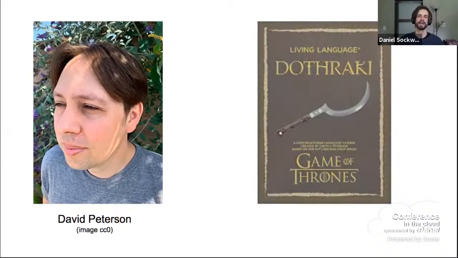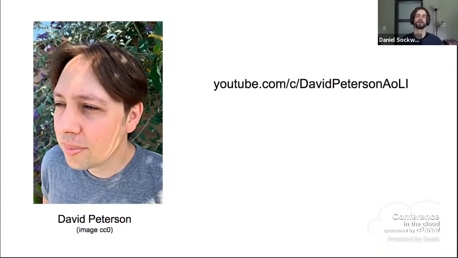He has a YouTube channel where he talks about the design decisions that go into creating a new and interesting artificial language. And I think a lot of those apply to programming.